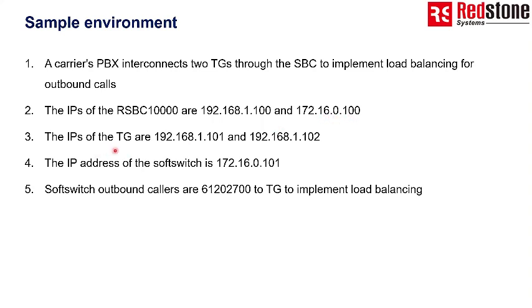The IPs of the trunking gateways are 1.101 and 1.102. The IP address of the switch should be 172.16.0.102. And of course, one requirement is that the switch outbound caller is this number 612.02700. This is for the trunking gateways to implement the load balancing for outbound calls.